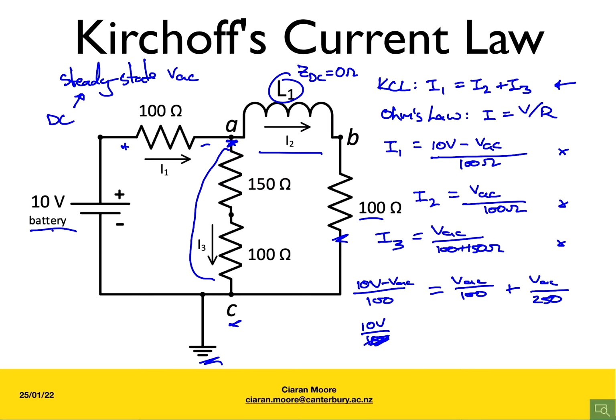We're left with 10 volts over 100 is equal to 2 VAC over 100 plus VAC over 250. If we rearrange to make VAC the subject, we get VAC is equal to the ratio 10 over 2.4, which is in old money a little bit larger than 4.16 volts.